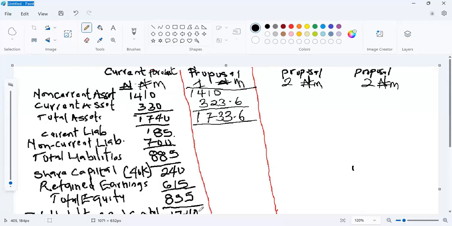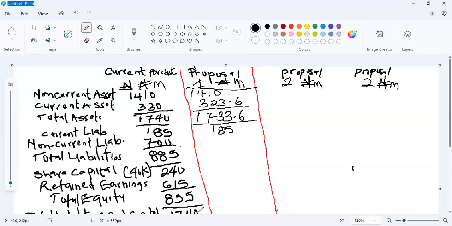By borrowing 100 million, is our current liability affected? The answer is no. We borrow 100 million, it's not affecting our current liability.